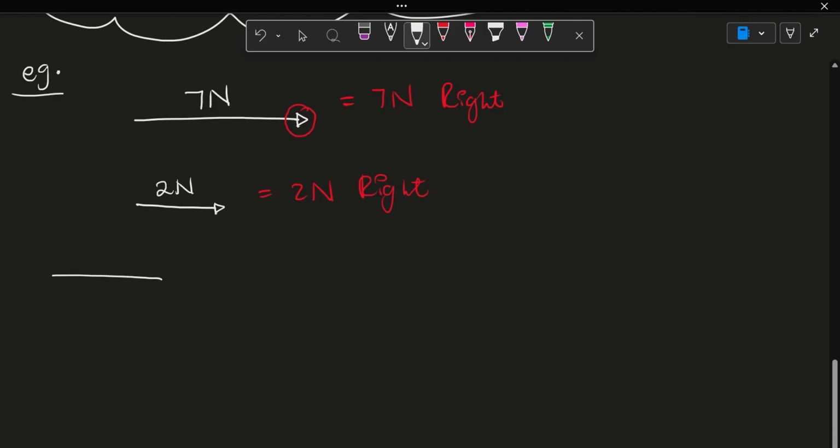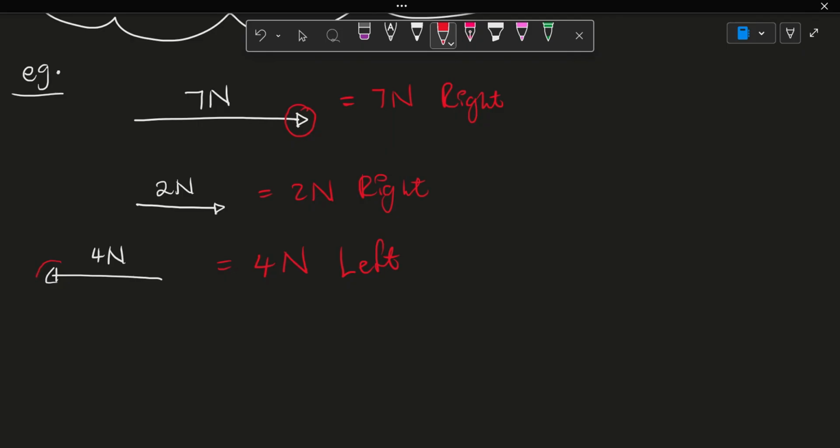Let's make that 4 newtons, and that's 4 newtons to the right. You actually noticed the mistake. I did that on purpose because I knew you were going to realize it, because you are very smart. Yes, it is 4 newtons to the left. So we have 4 newtons to the left.